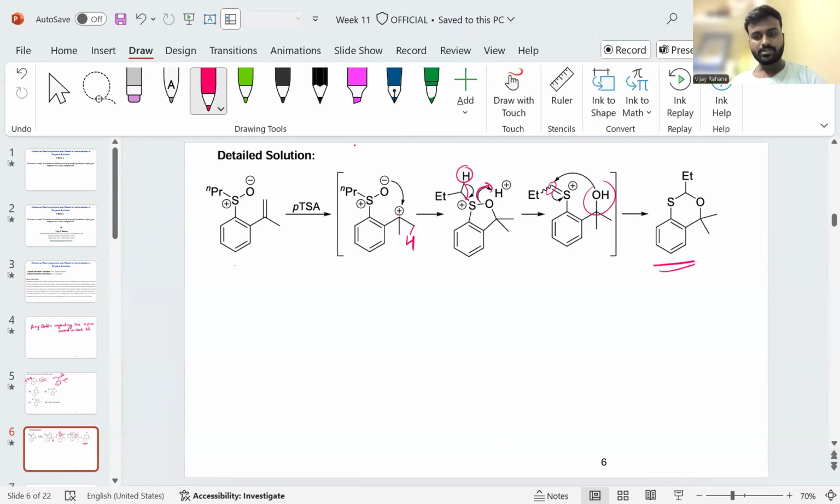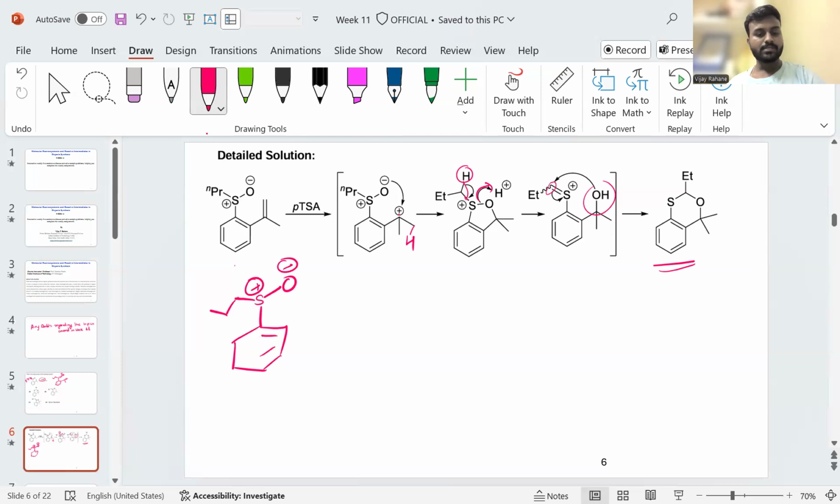So this is a somewhat complicated reaction mechanism. If I just draw the mechanism stepwise, in place of the PTSA, that's the source of acid, this will be the negative. I'll write the bond polarization between the sulfur and oxygen.